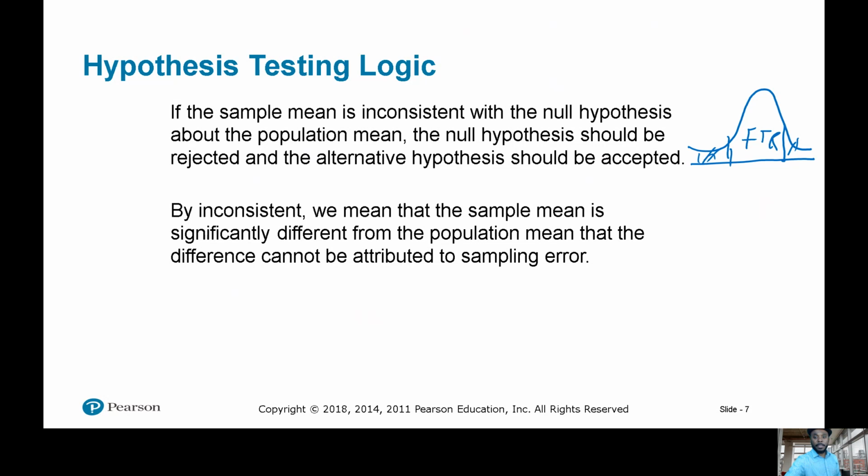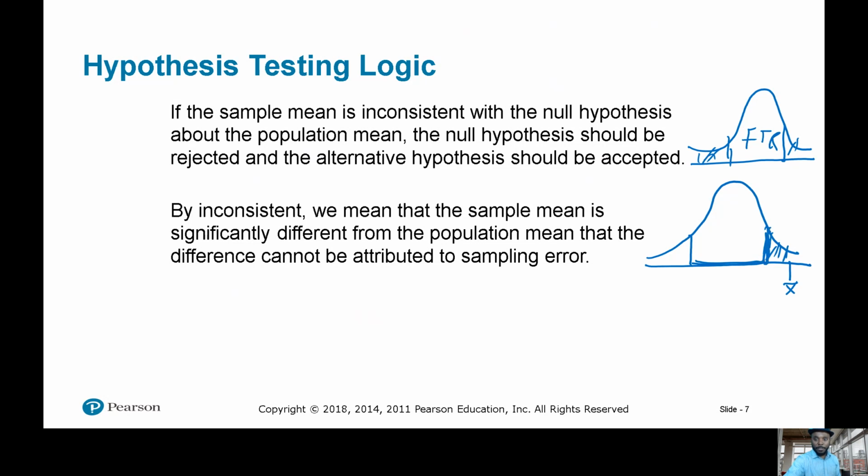So if I draw another bell-shaped curve, let me erase this and draw again. What I'm saying here is that if this is a rejection region, and the sample mean is somewhere around here and is significantly different from the population mean, the population mean, say, is within this range.